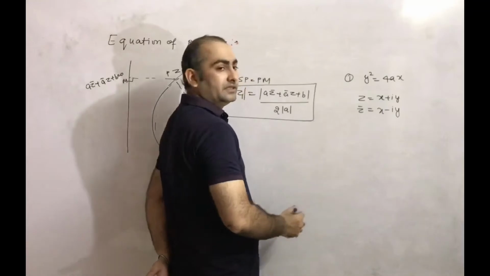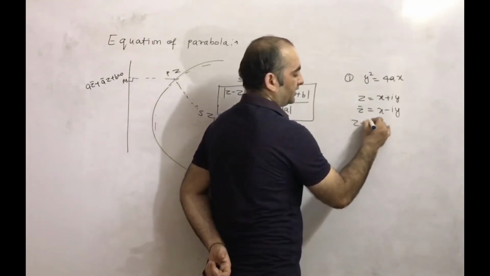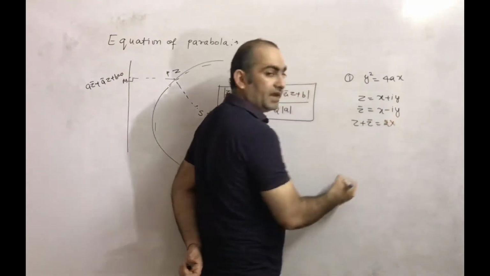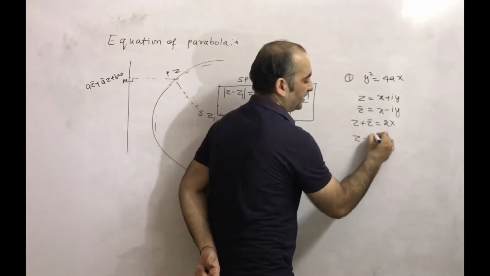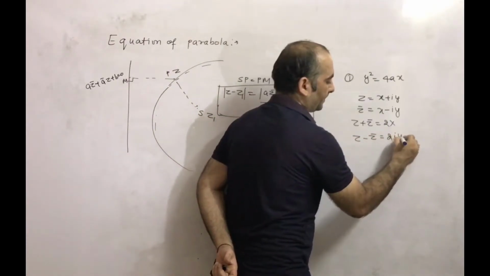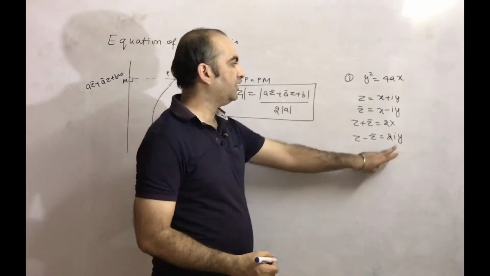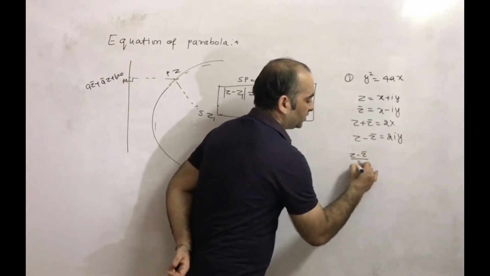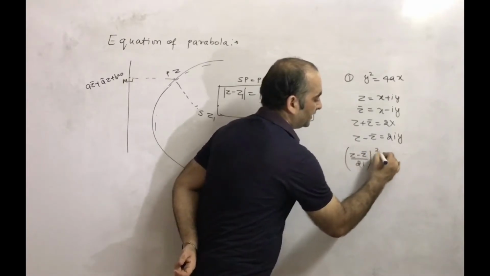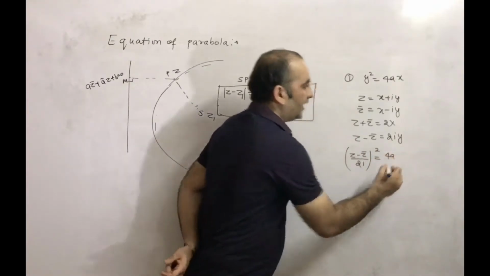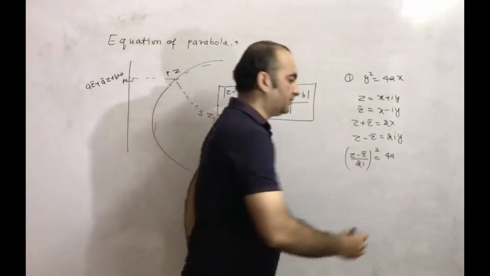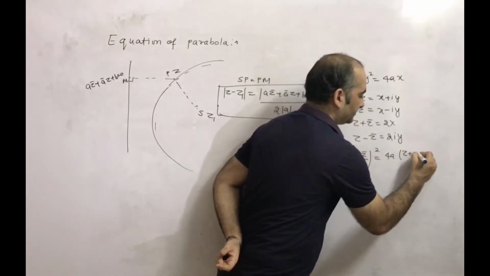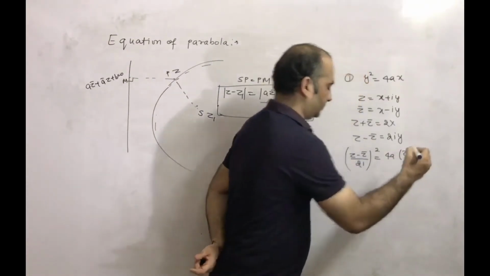From here, z plus z bar equal to 2x, and z minus z bar equal to 2 i y. So if you put the y value here, z minus z bar divided by 2i, whole square, equal to 4a, and the x value is z plus z bar divided by 2. This will come.